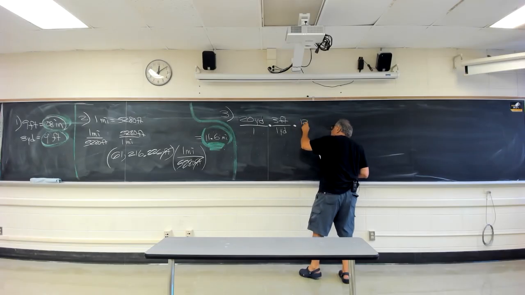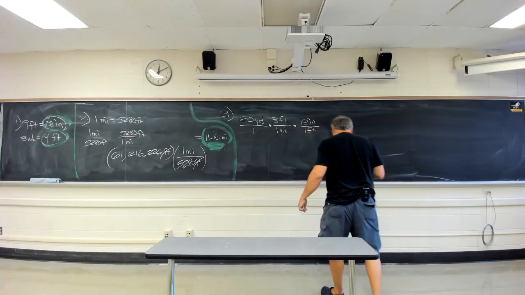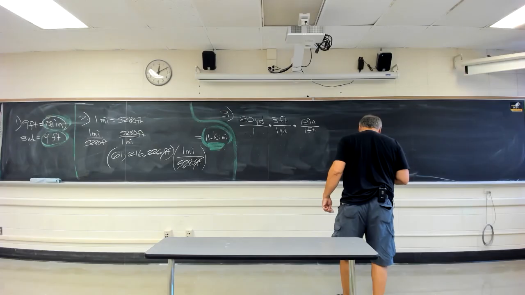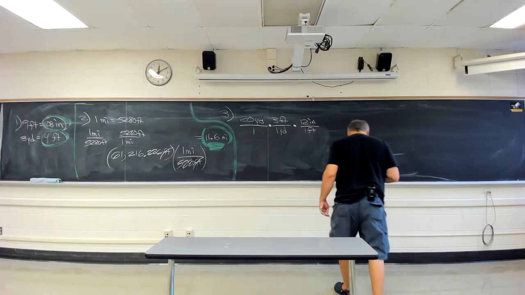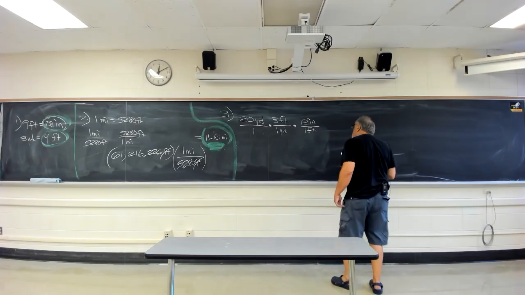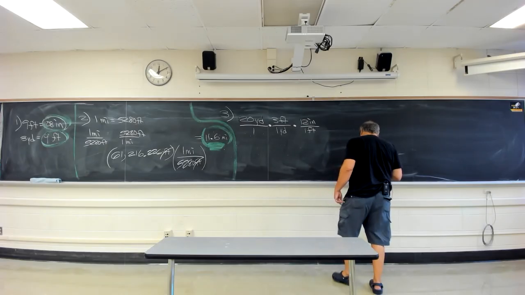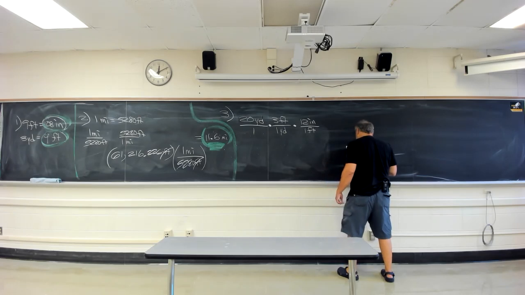There are 12 inches for every 1 foot. There's 1 stud every 16 inches.